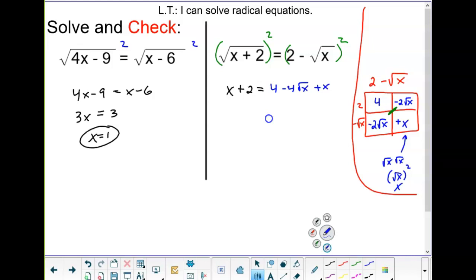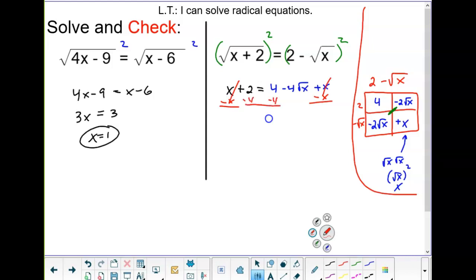Okay, and then notice a negative 2 square root of x plus a negative 2 square root of x turns into the middle term, negative 4 square root of x. And that doesn't look like it's super helpful, but notice, I got rid of one of the radicals. I only have one left. So now, I'm going to do this really quick because we got like 30 seconds. Subtract an x, and they go away.